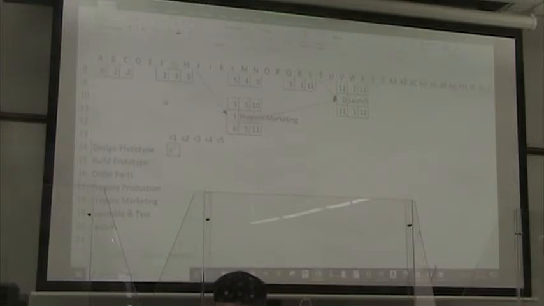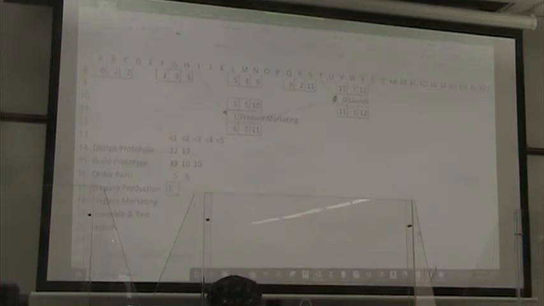So designing the prototype has money dropping in week 1 and week 2. Build the prototype has money dropping in weeks 1, 2, and 3. Ordering the parts in weeks 1 and 2.